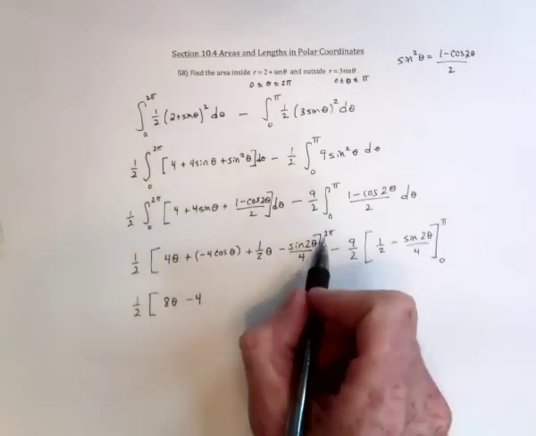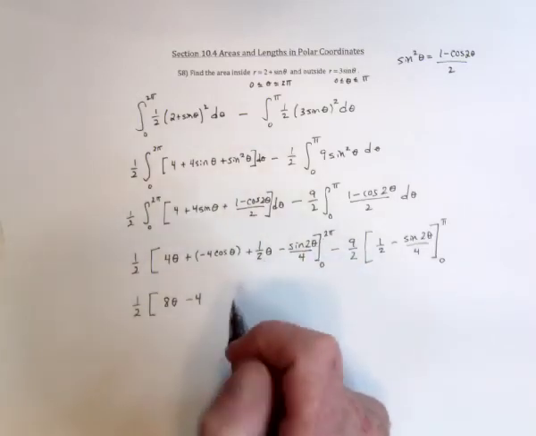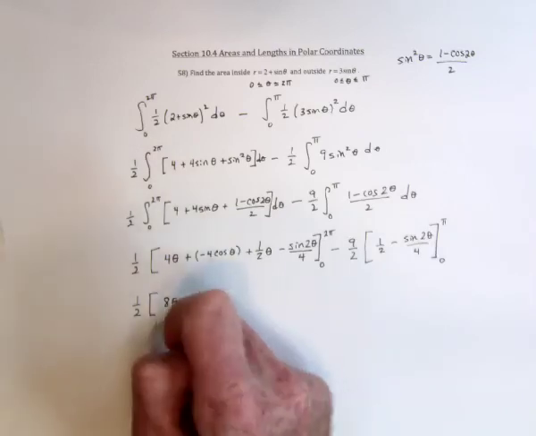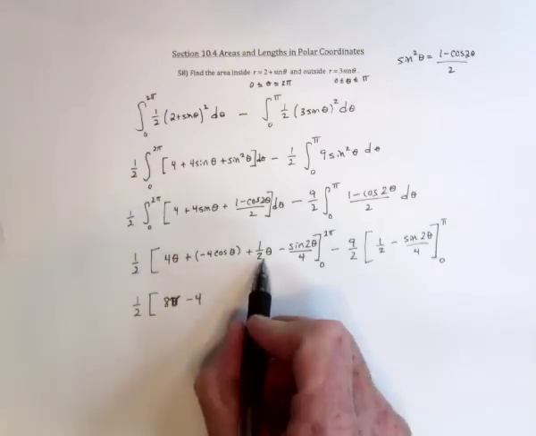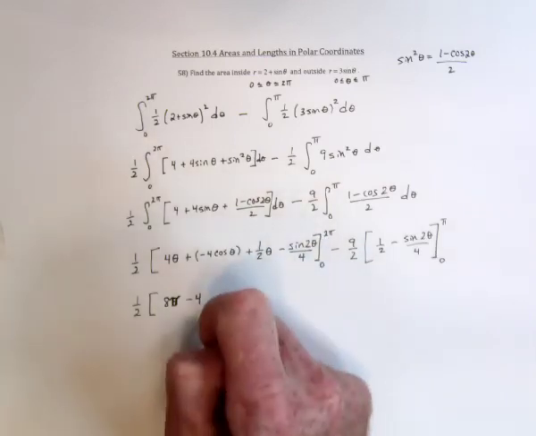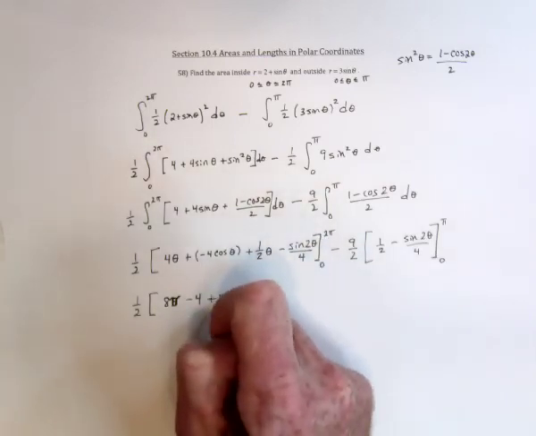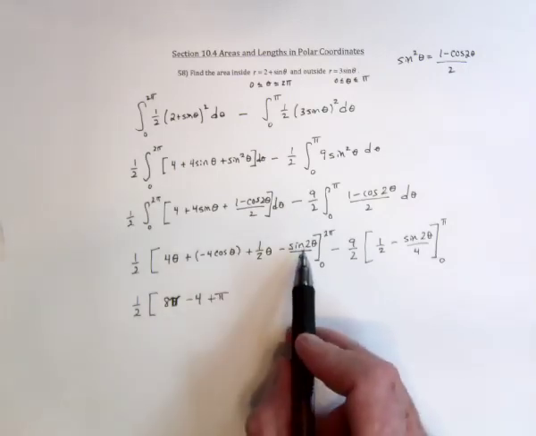Then 1/2 of 2 pi, the 2's cancel and it just leaves pi. Excuse me, this is supposed to be pi, not theta. We replaced it. And then sine of 4 pi is equal to 0.